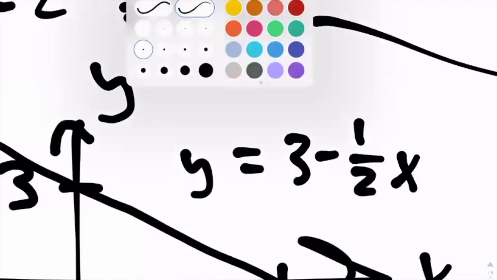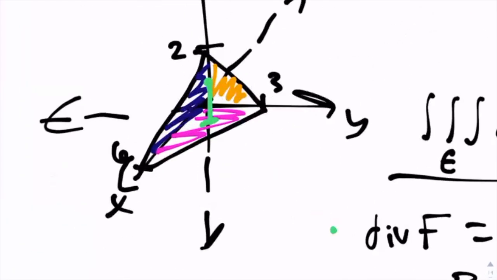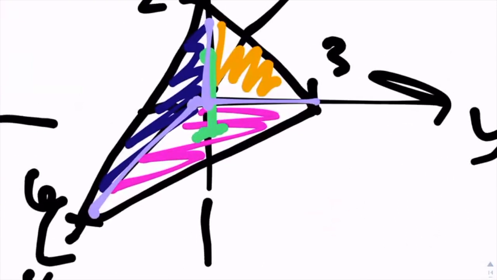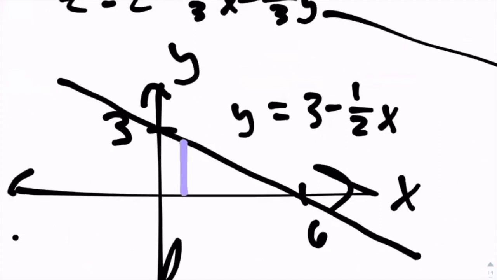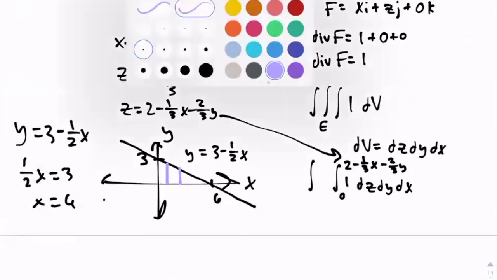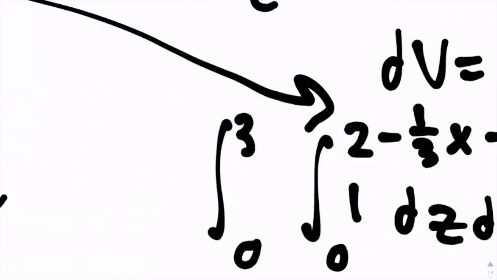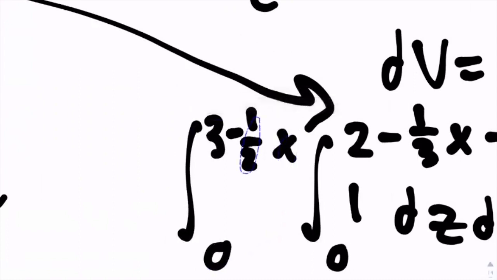Now looking at how y is bounded in this specific case, we know that y is bounded by the coordinate planes. So because of this, we can say that y's cross sections go from the x-axis to that line y is equal to 3 minus 1/2 x. So knowing that information, we can say that the lower bound of y is 0, and then the upper bound is 3 minus 1/2 x.